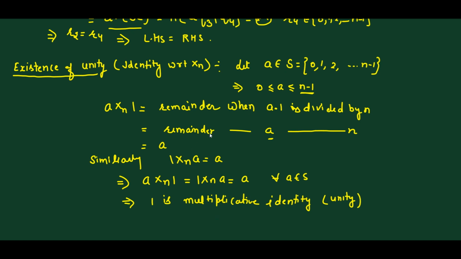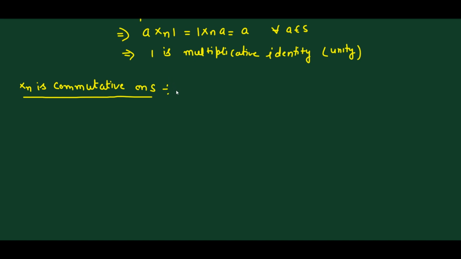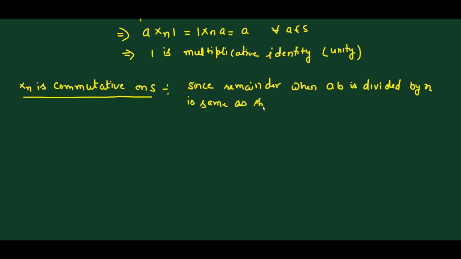Now we will establish that this operation is commutative on S. So we have to show that this operation is commutative on S. Since you know that the remainder when AB is divided by n is the same as the remainder when BA is divided by n.